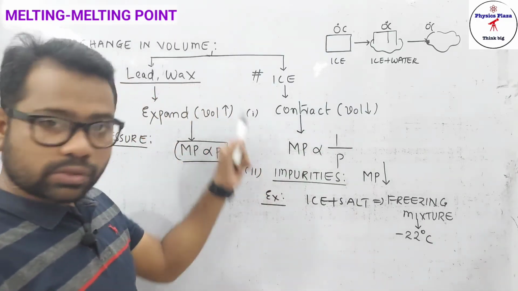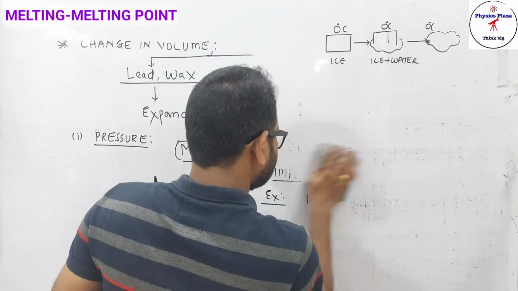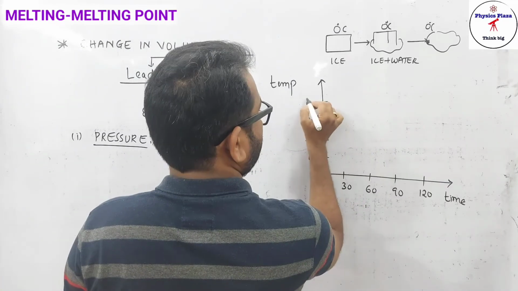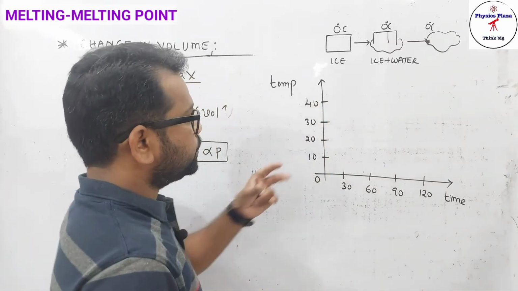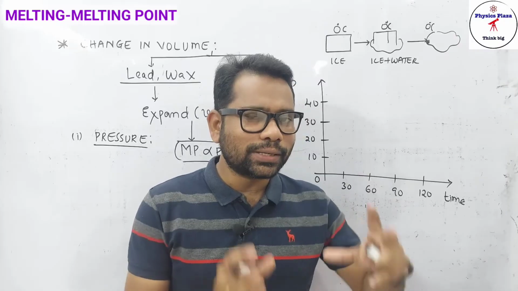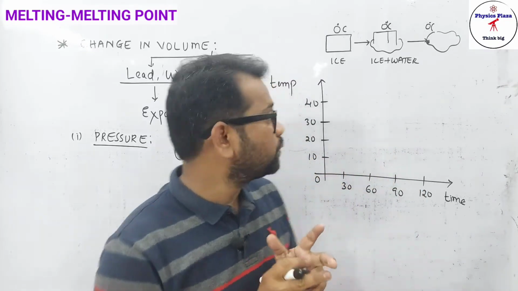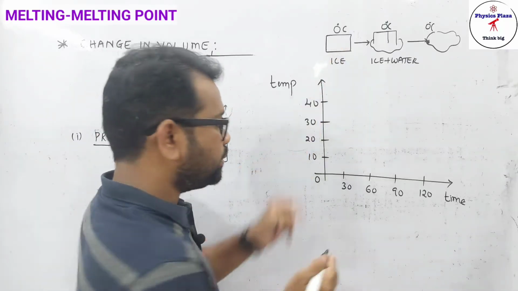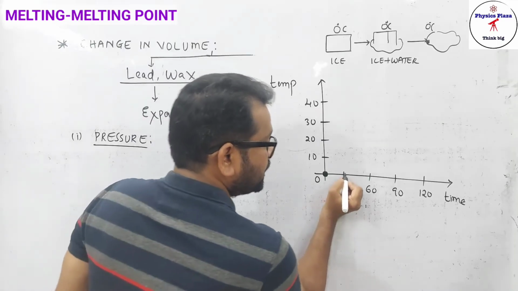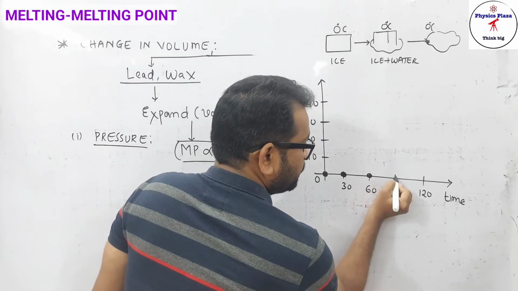Can I erase this? Nobody has copied? Yes, children, from the examination point of view, this heating curve of ice on melting is very important. Look here, children. Let us take it up to 40. For this, you can take ice in a beaker and start heating it, and simultaneously note the temperature. Initially the temperature of ice will be 0 degrees Celsius, so this is the point you get. After 30 seconds, same temperature. After 60 seconds, after 90 seconds, same.